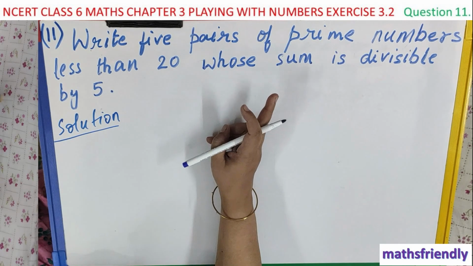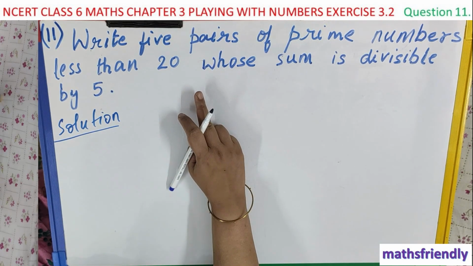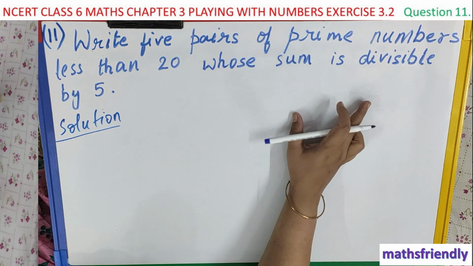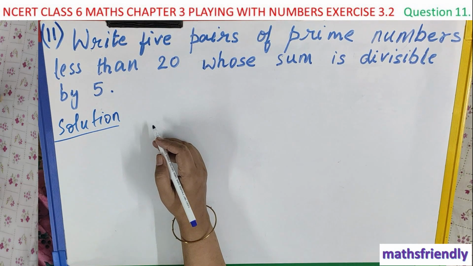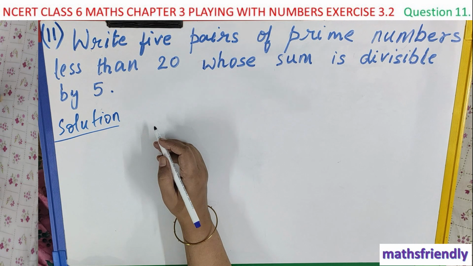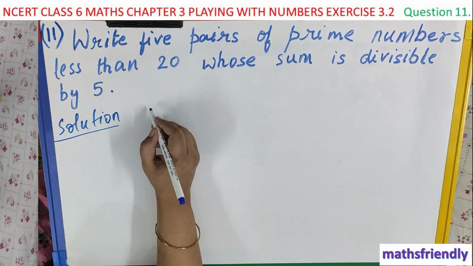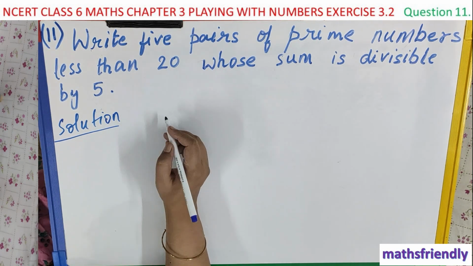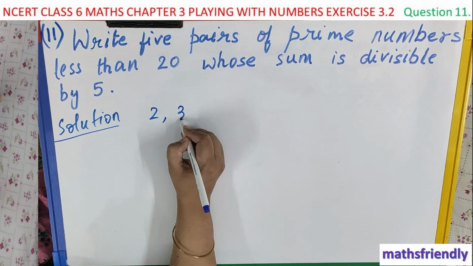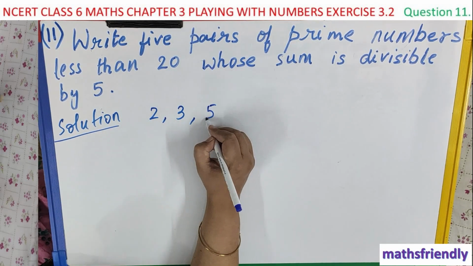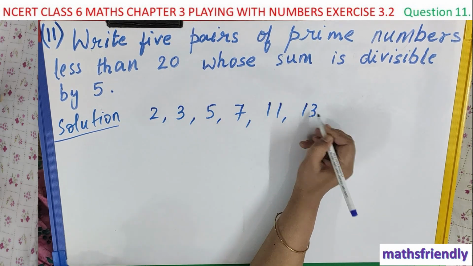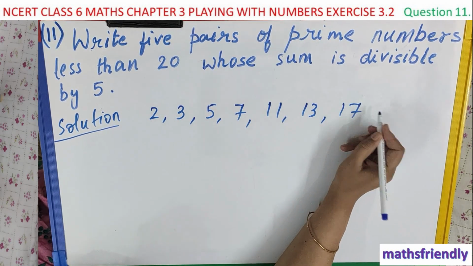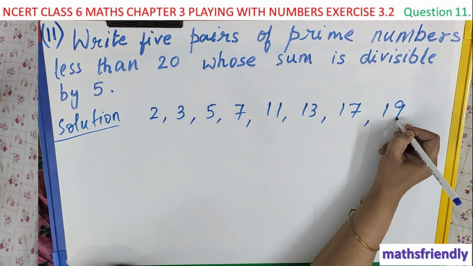Write 5 pairs of prime numbers less than 20 whose sum is divisible by 5. So first we will write all the prime numbers less than 20. They are 2, 3, 5, 7, 11, 13, 17 and 19.